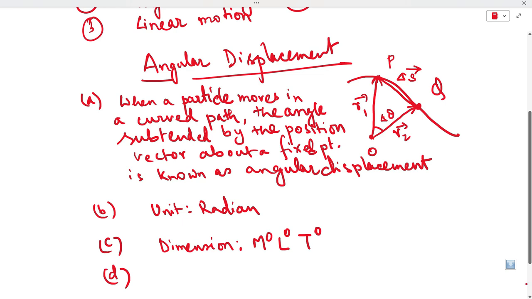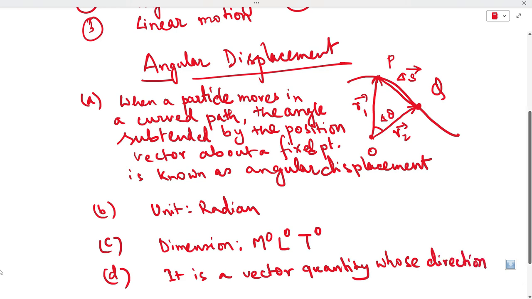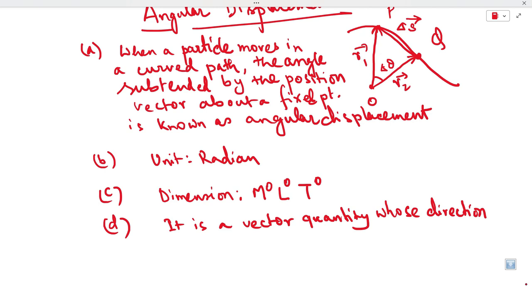It is a vector quantity whose direction is given by the right hand screw rule. So angular displacement is a vector quantity, and its direction is given by the right hand screw rule.